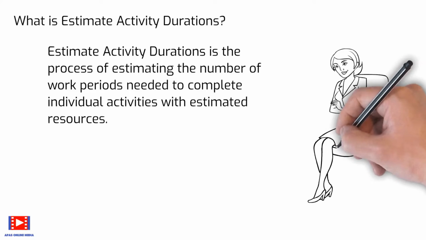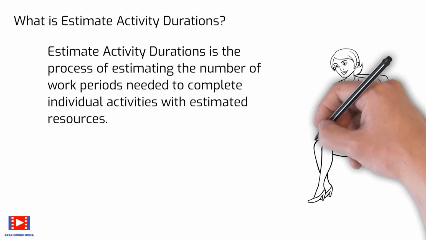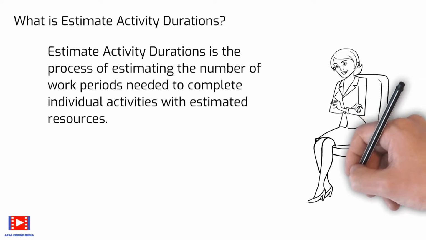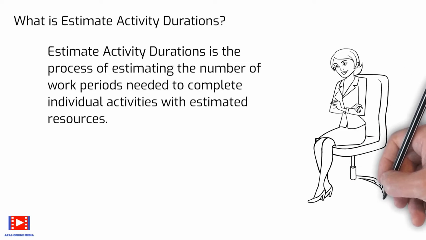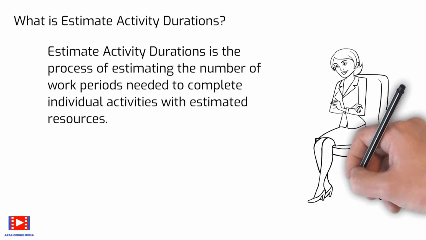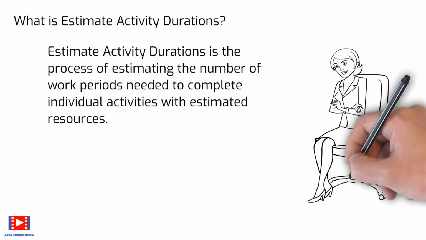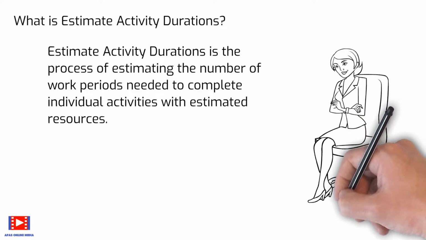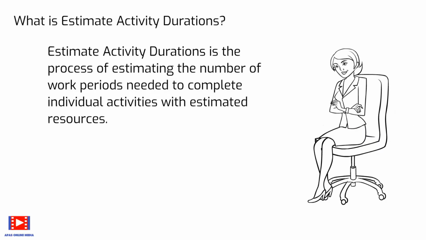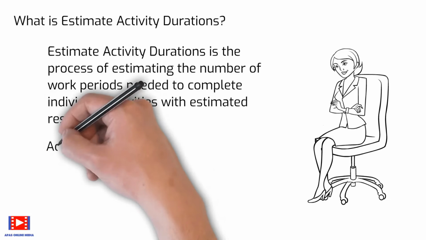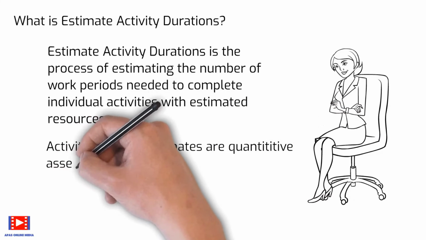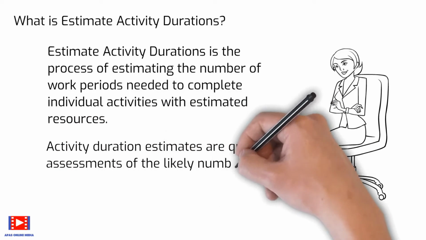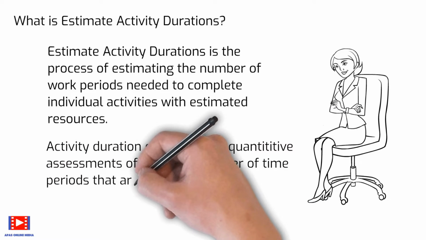The duration estimate is progressively elaborated, and the process considers the quality and availability of the input data. For example, as more detailed and precise data is available about the project engineering and design work, the accuracy of the duration estimates improves. Activity duration estimates are quantitative assessments of the likely number of time periods that are required to complete an activity.